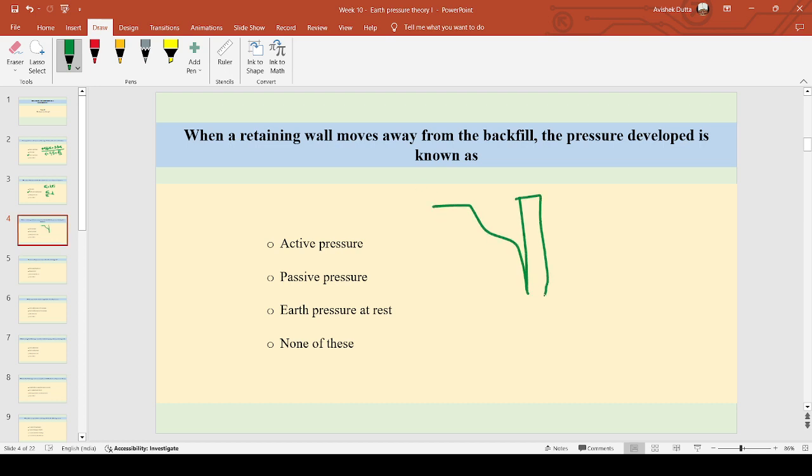If it moves away like this, the pressure will decrease. This is the pressure at rest. When the wall moves away from the soil mass, it is active pressure on the soil.